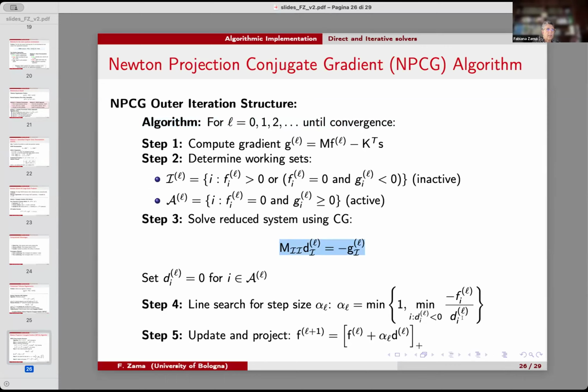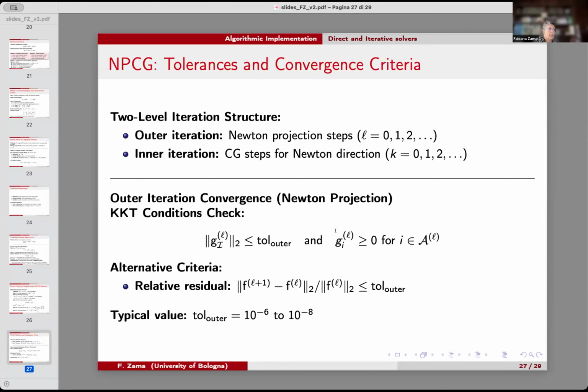How do we stop these iterations? The first message is that the solution FL must be computed in a quite precise way. So we need to have very strict tolerances in this solution. We set the Newton projection tolerance as this is what we applied in our solver.